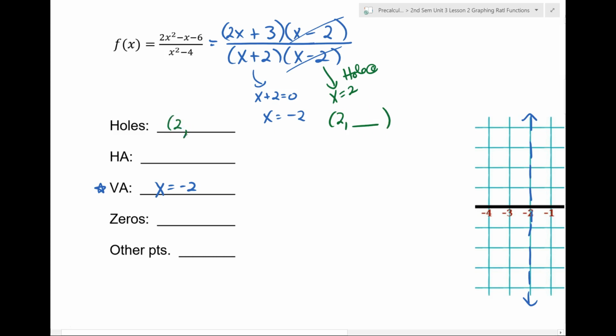Well, plug it into now your simplified expression. So we just got to go 2 times 2 plus 3 over 2 plus 2. So what did you guys get with that? 7 over 4, yep, 7/4. So 1 3/4, kind of easy to graph if you think of it as 1 3/4. 7/4, just under 2 is another way of thinking about that.